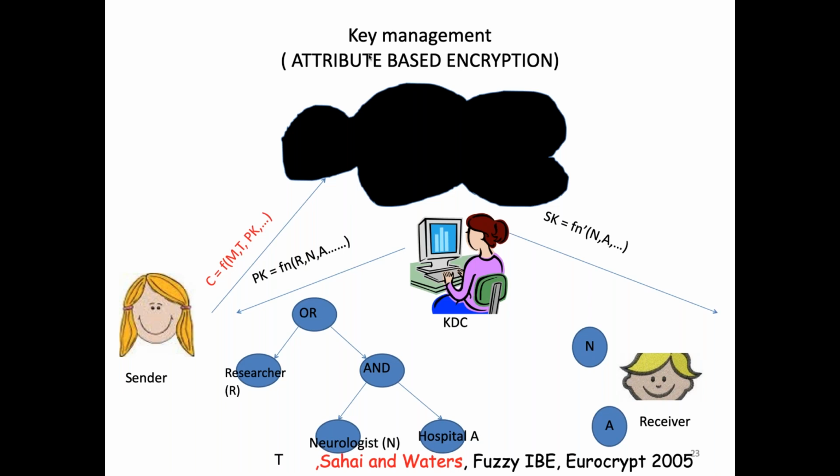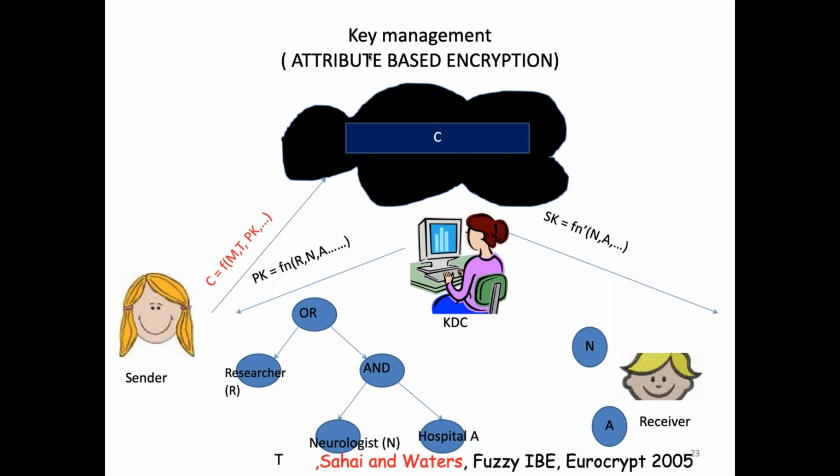I'm not describing what this F function looks like, but it takes the message, the attributes, the public keys, and the access policies. And the KDC gives a secret key, which is also a function of the various attributes, to the receiver.